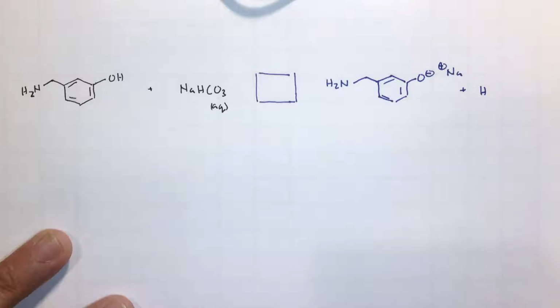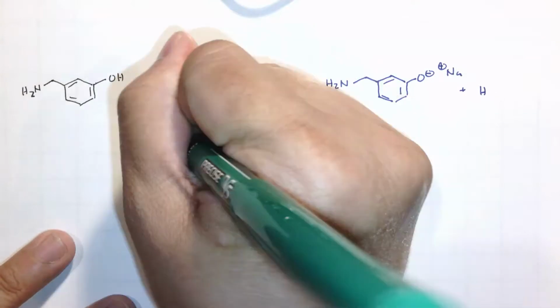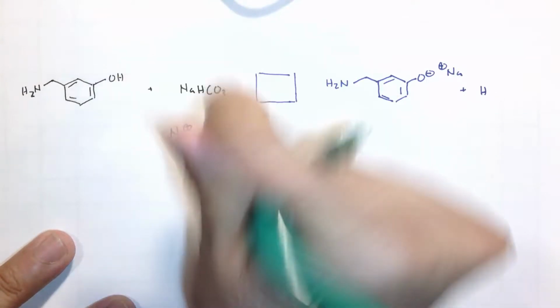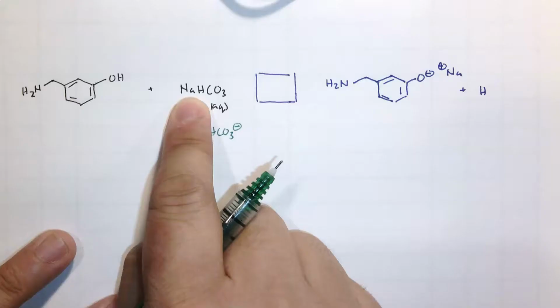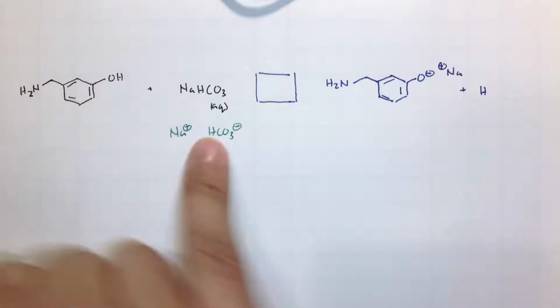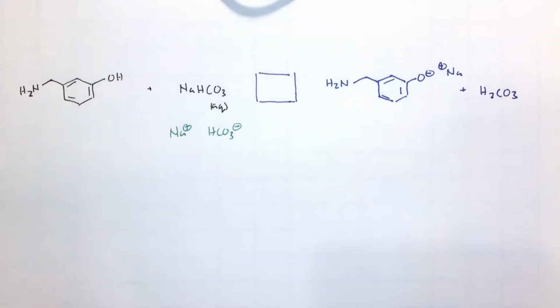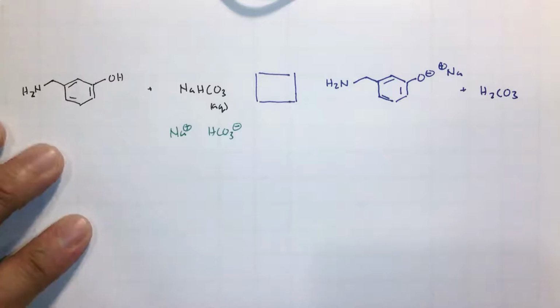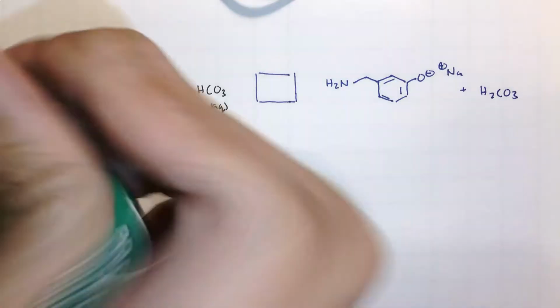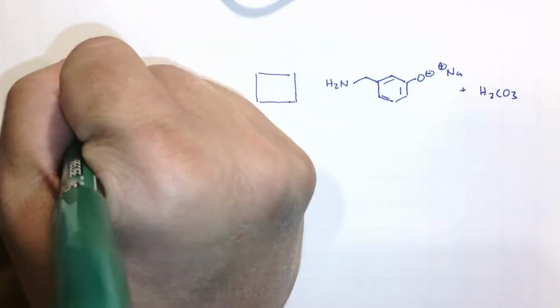Remember, you got to think of it this way. You have HCO3 minus separated from Na plus. Whenever you have a counterion, a metal, separate it because that's the actual base. You add another proton to that, you get H2CO3. I already told you, and we saw it in the Evans pKa table, that this phenol has a pKa around 10.